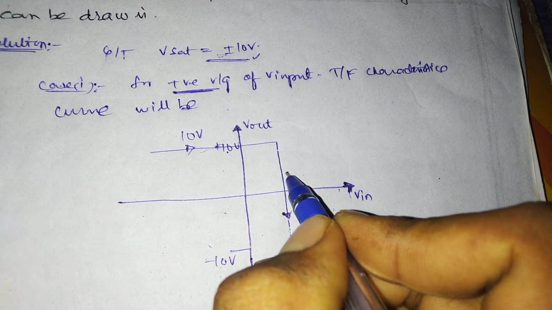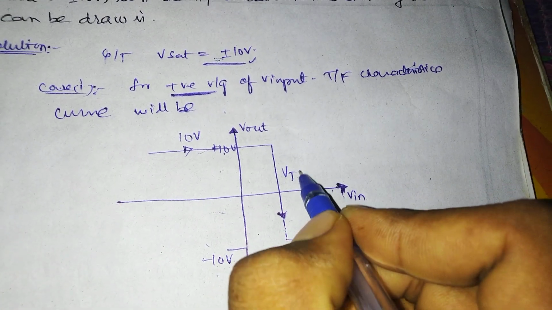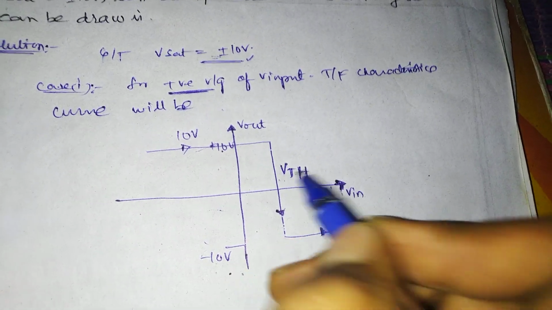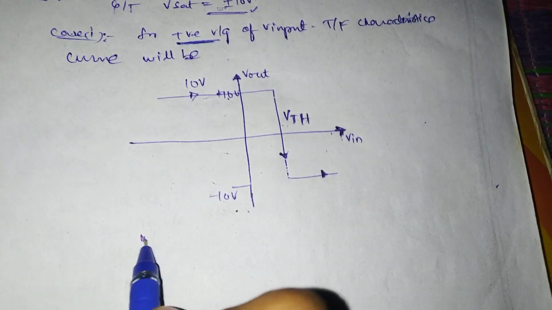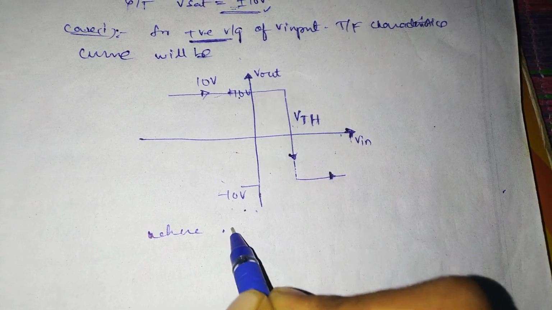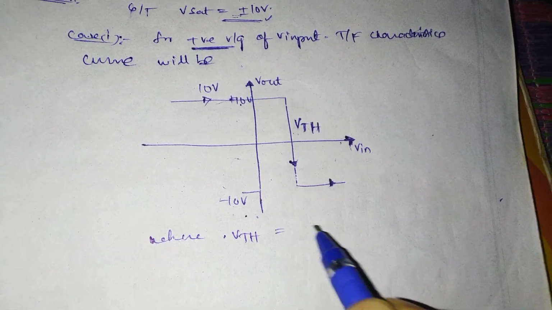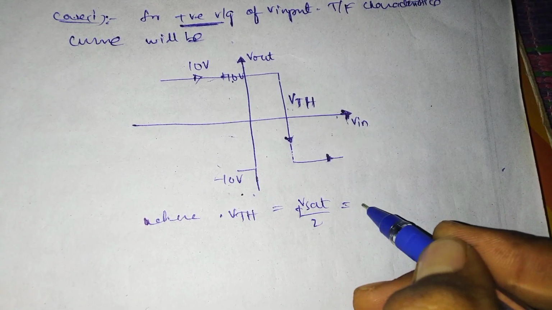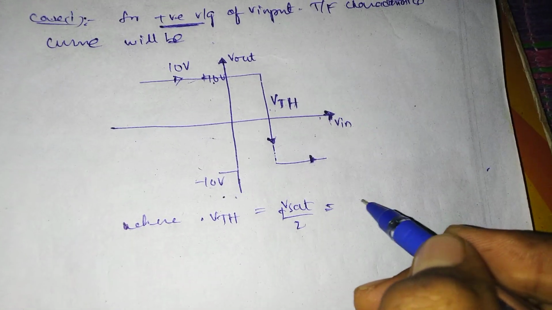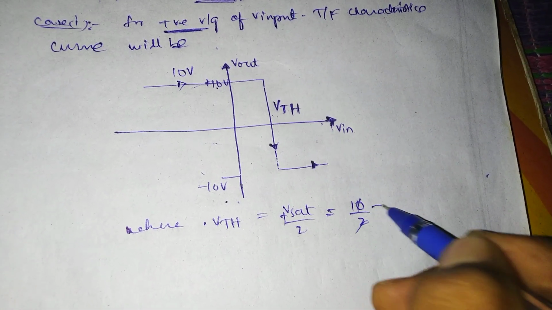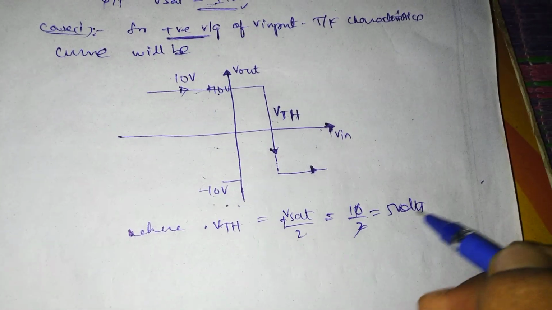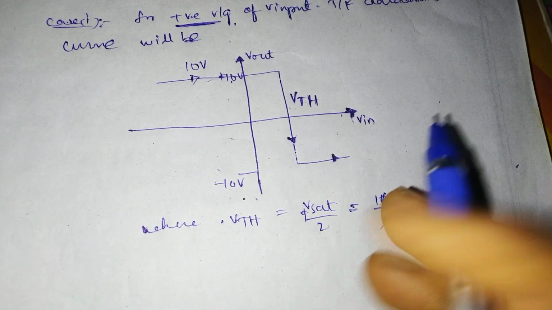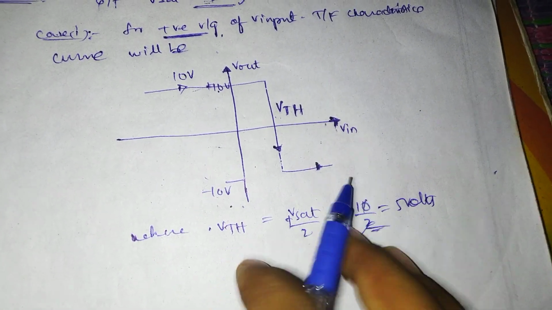This is called the threshold voltage, where V threshold high equals positive V saturation by 2, that is 10 by 2 equals 5 volts. Because for case 1, positive voltage, we take the positive value of V saturation.